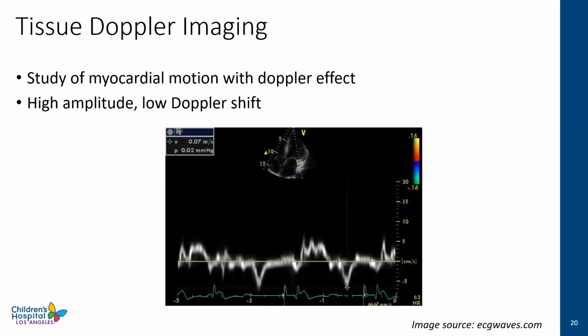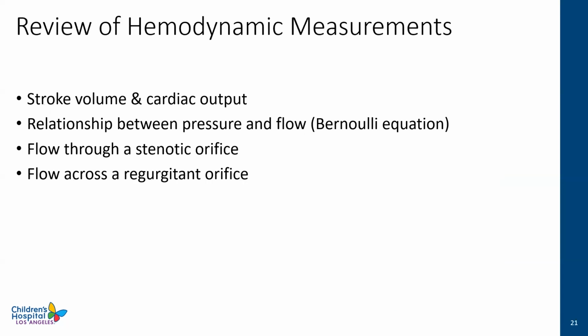For tissue Doppler imaging, this is now, instead of looking at Doppler for blood flow, we're looking at myocardial motion with the Doppler effect. And so this is going to capture high amplitude and low Doppler shifts. And again, we will go over some of the ways we use this for quantitative measures.